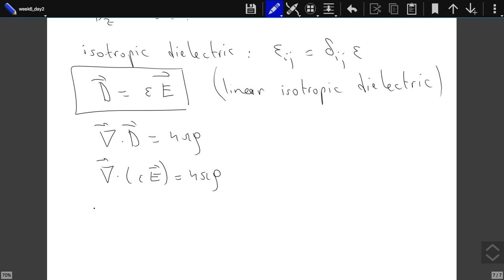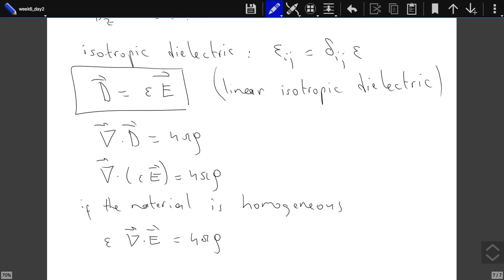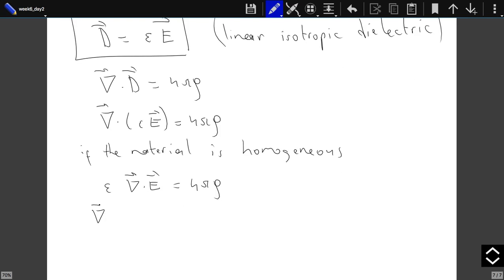So epsilon can still depend on position. So if the material is homogeneous, epsilon times the divergence of E is equal to 4 pi rho. Or the divergence of E is equal to 4 pi over epsilon times rho.